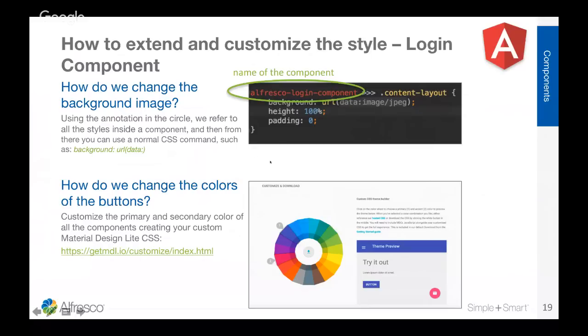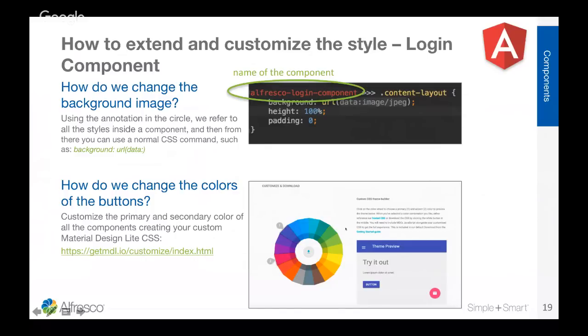But we also support material design. Material design offers this tool, which is really nice. Through it you can define the primary colors, the secondary colors, and the main things of your CSS.